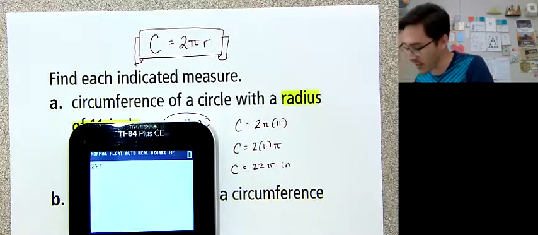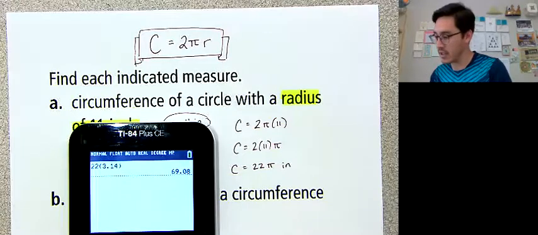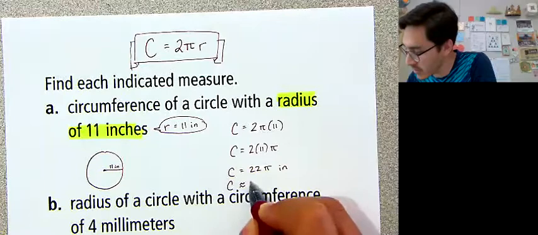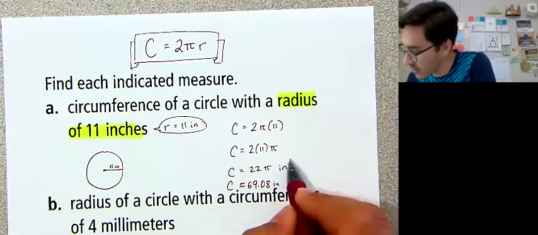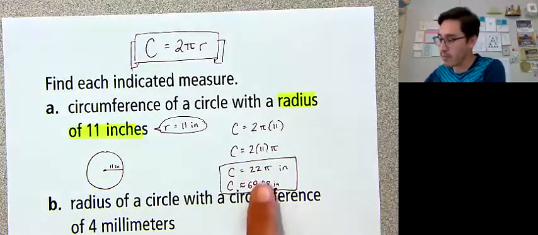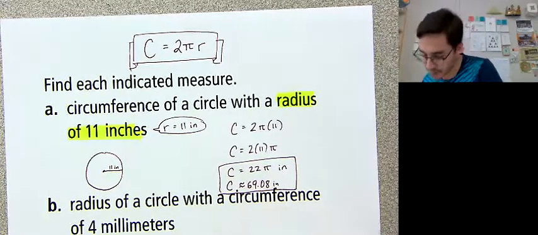Oh well, we can approximate it to 3.14 for now. So it's going to be about 69.08 inches. So C is approximately 69.08 inches. You can leave your answer in pi form, or you can estimate it as a decimal.